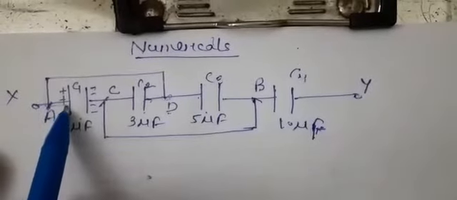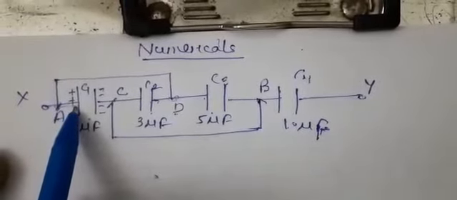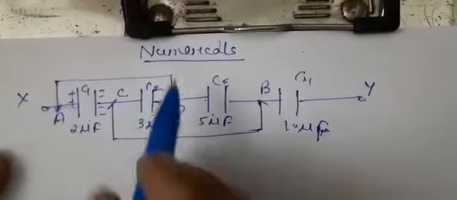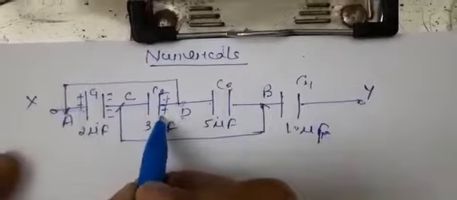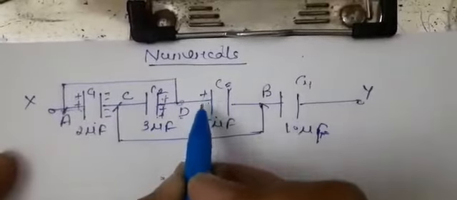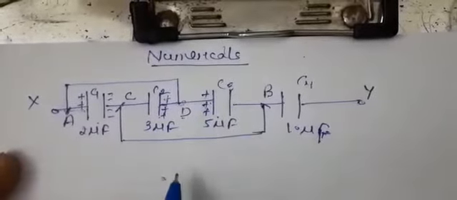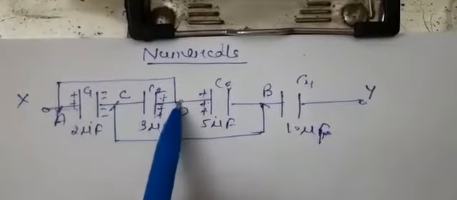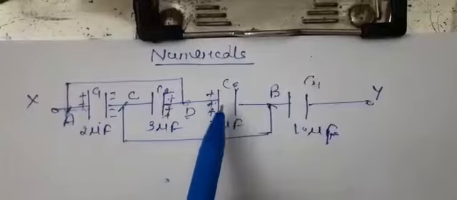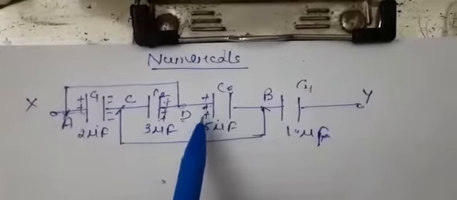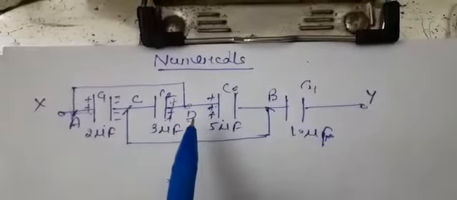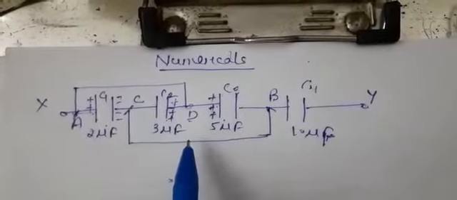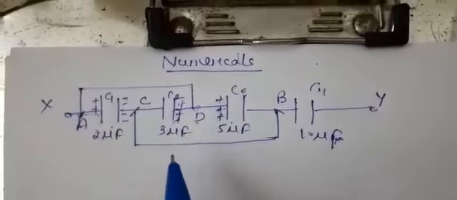Now this is the positive plate of capacitor C1, and this should also be a positive plate, and this too. Why are we taking it so? Because here the charge is dividing at this point as well as at this point. So when charge division is there, whatever the charge present on each of the capacitors, the positive plates of all the capacitors are connected together.